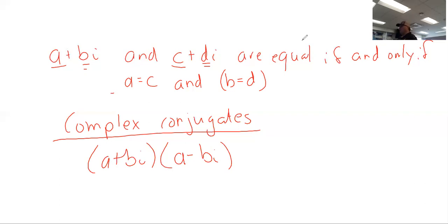So, the next thing we're going to look at, and really pay attention to this. If you just have i, that's equal to i. Now, most of you know that i squared is equal to -1. But you never really pay attention to i cubed. i cubed is the same as i times i squared, which is i times -1, which is -i.